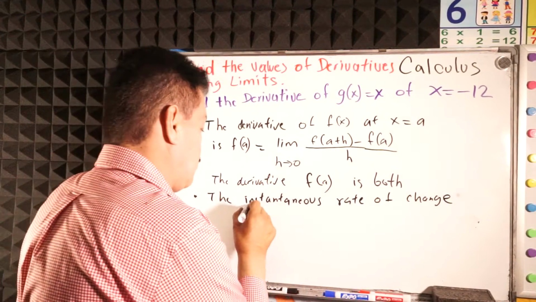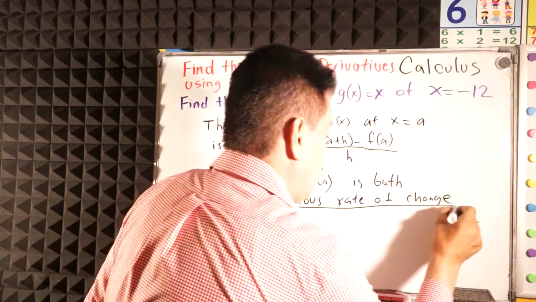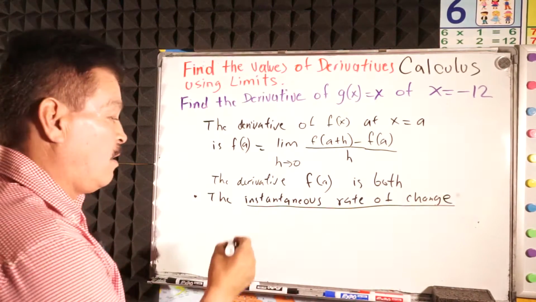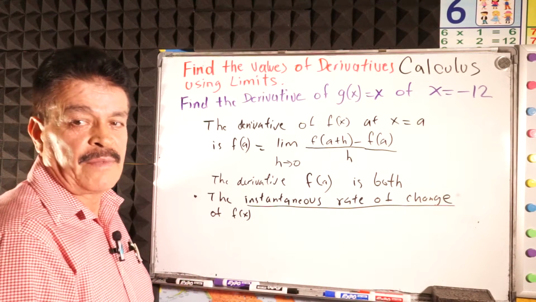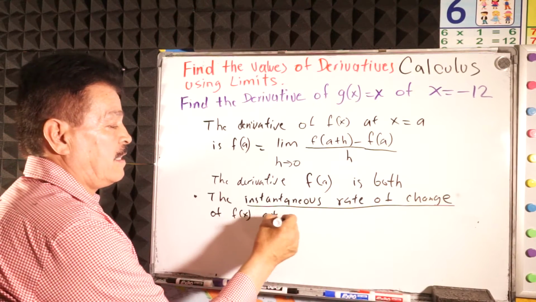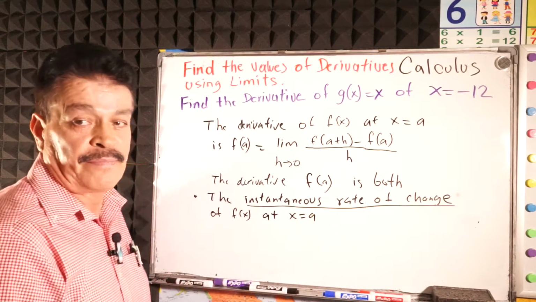This is the main concept: the instantaneous rate of change of f of x at x equals 8.